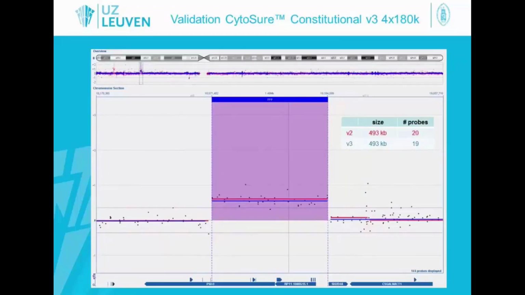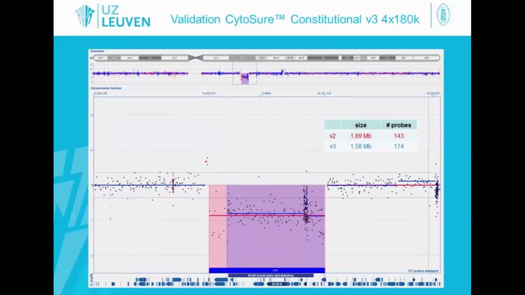So here is a duplication that was detected. Red is always V2 and blue is V3. So it's almost exactly the same between the V2 and the V3 platform according to size and to the number of probes.